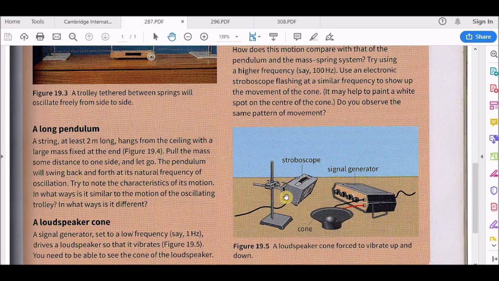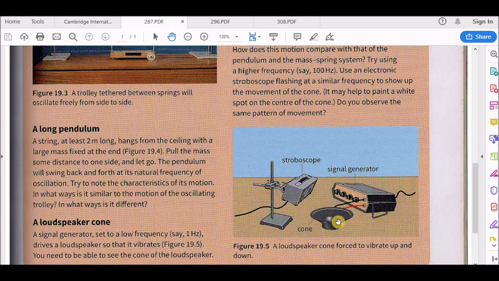We can adjust the rate at which it gives out the flashes of light by using the settings. This cone is vibrating at a frequency that our eyes cannot detect. But if the stroboscope gives out flashes of light at the same frequency as the frequency of vibration of the cone, you will see that the cone appears stationary.